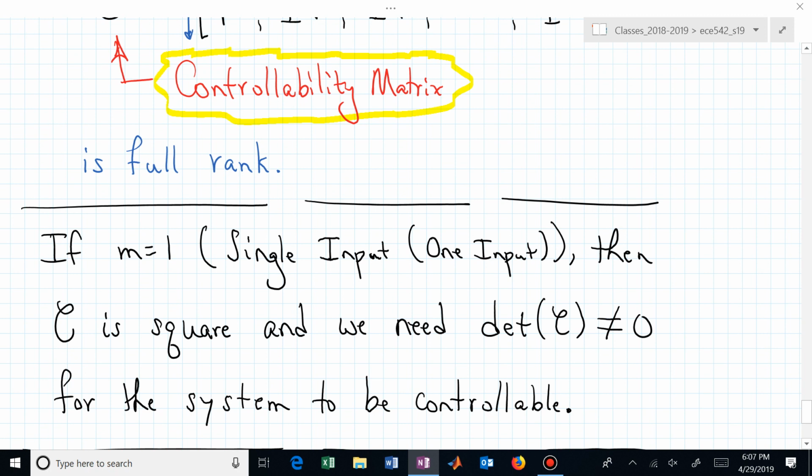It could be negative, it could be positive, you just don't want it to be zero. If we take the determinant of this square matrix that the controllability matrix now becomes, if we have a single input system, as long as the determinant of that matrix is non-zero, our system is controllable.